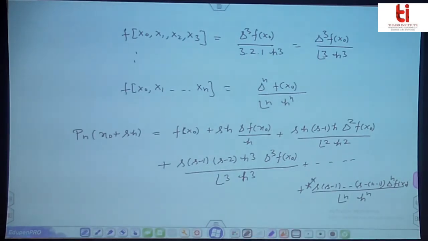So you can say this can get cancelled. All the numerator and denominator containing the same power of h, they get cancelled.